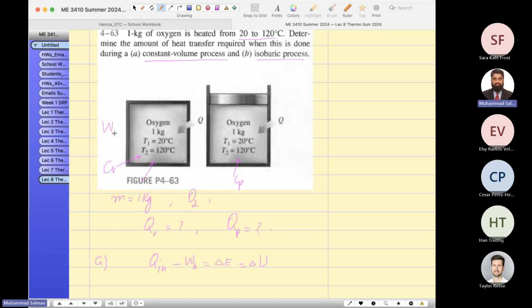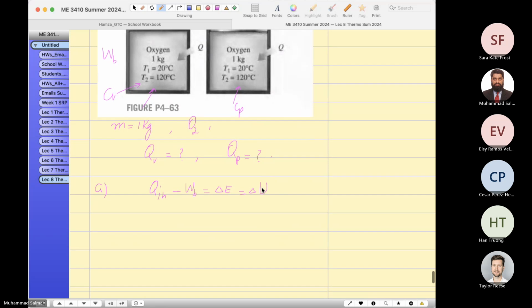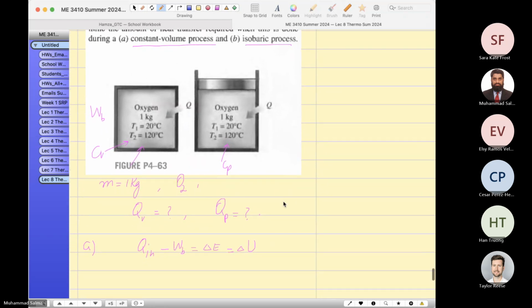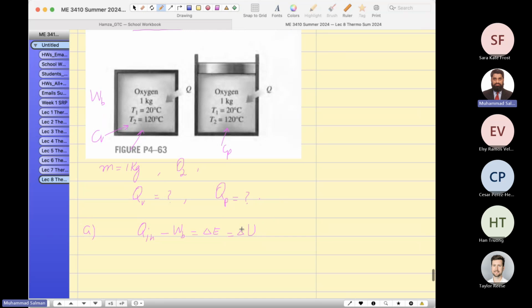What is W boundary? Can you please type in the chat box? Is the boundary moving in the first case, yes or no? The answer is that it is not moving. So boundary work done is equal to 0.